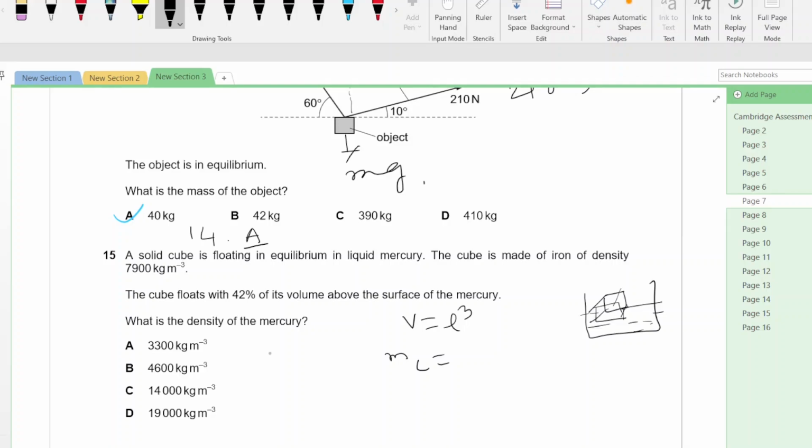We know density equals mass by volume. Therefore, mass equals density 7900 into volume L cube, and the weight of the cube is 7900 L cube g.